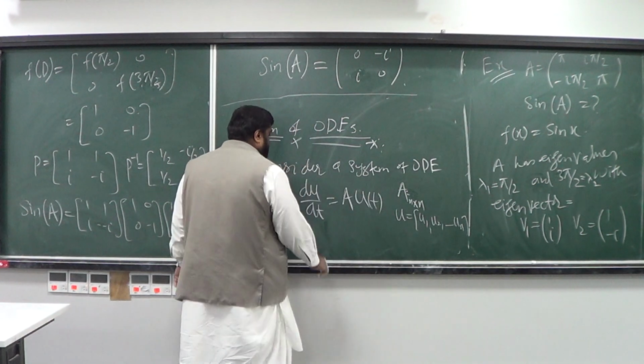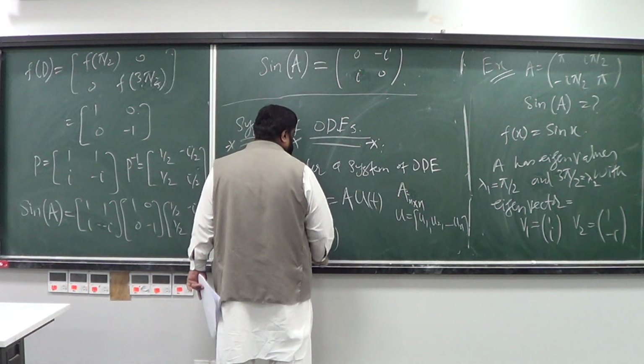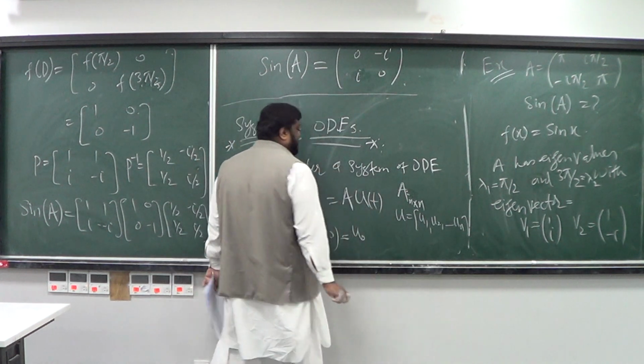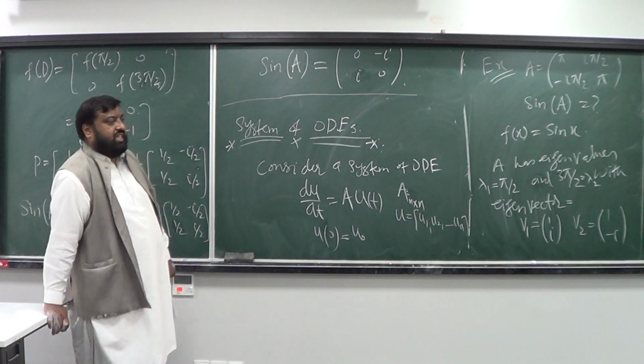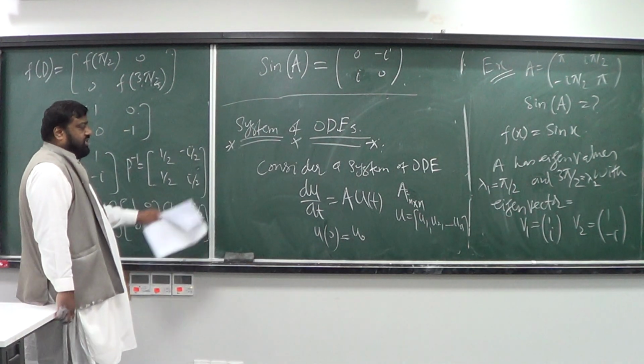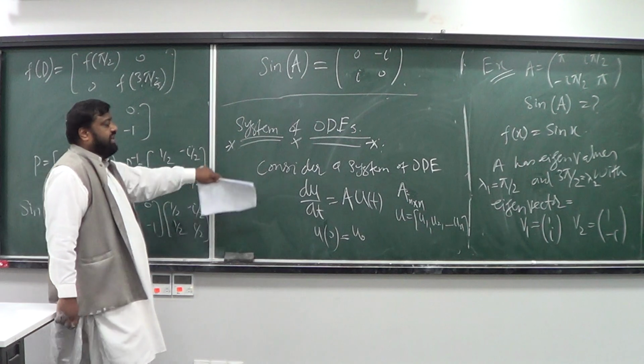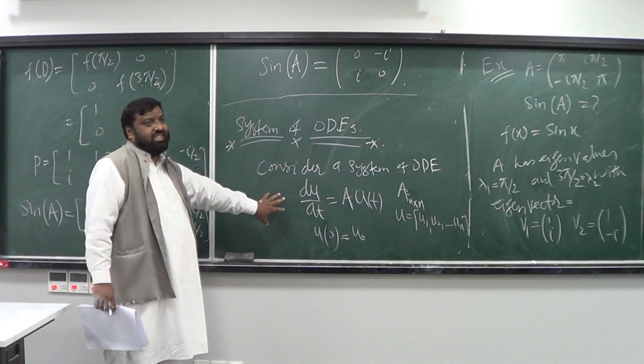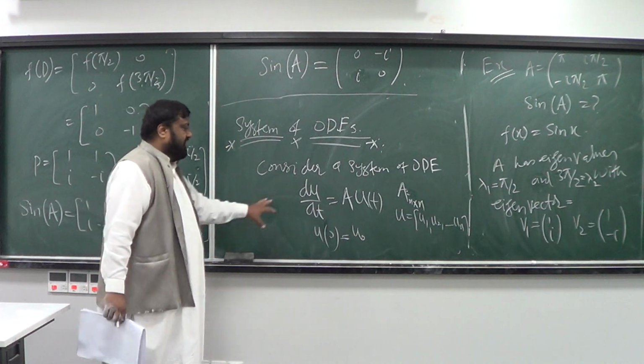And imagine I have been given an initial condition that initially this u was a vector u naught. Okay, it was a vector u naught actually. This is not one equation. It's like you can have hundreds of linear differential equations sitting inside this actually.